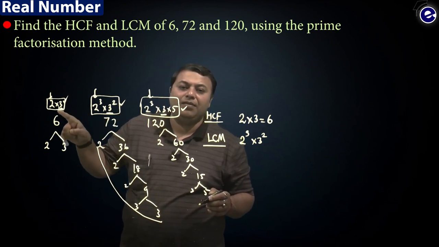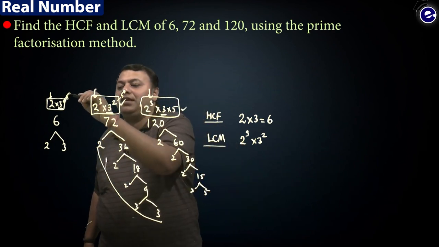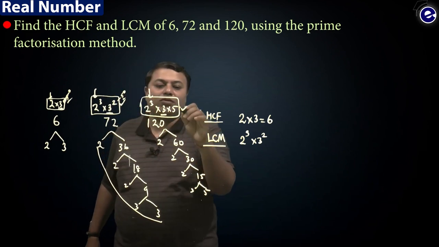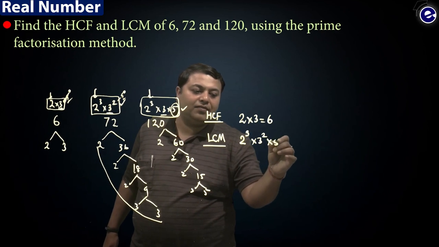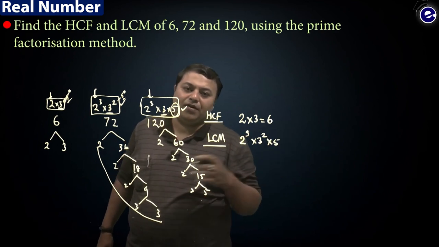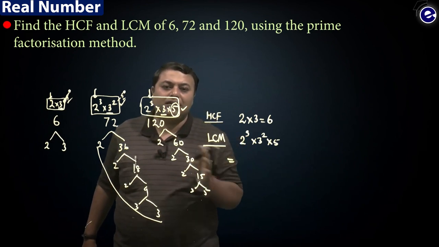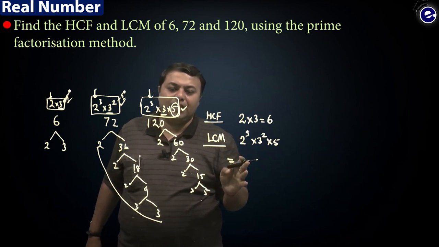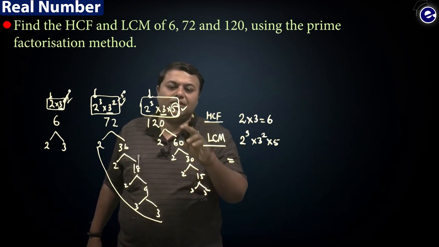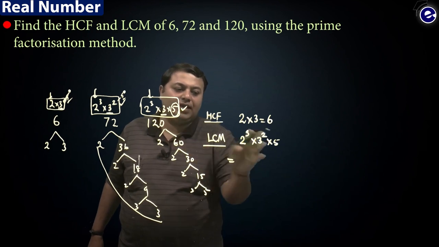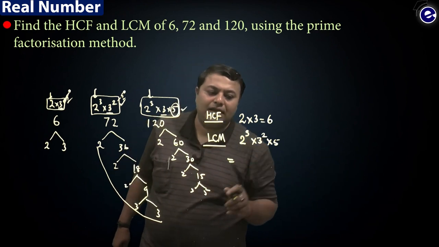Even where 5 is not available, we can write it as 5 to the power 0. The highest power of 5 among all 3 is 5 to the power 1, so you take that. If something occurs once in all 3, take the highest among them. If it occurs twice, see which one is the higher power and take that one.